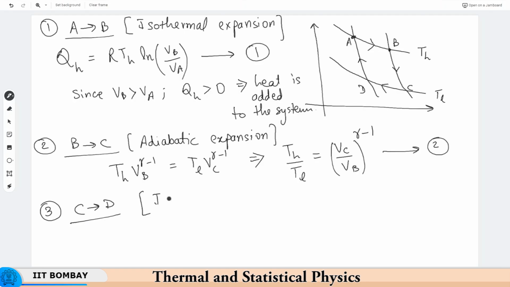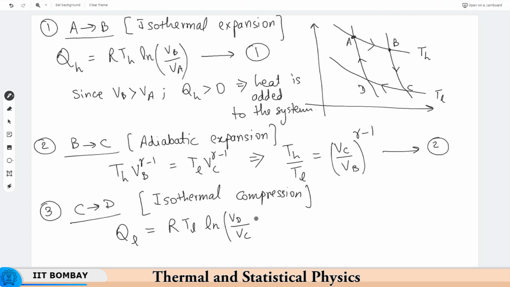The third step is going from C to D, and this is an isothermal compression. We can do a similar thing as we did here. In this case the heat exchange QL will be given by R times TL times log of VD divided by VC, and let us call this equation number 3.